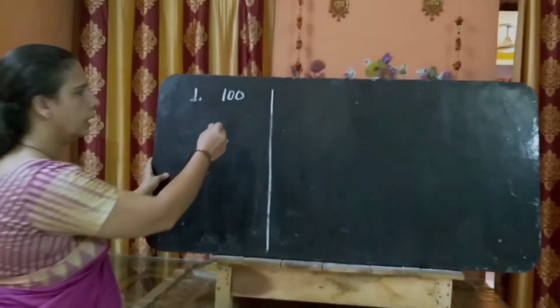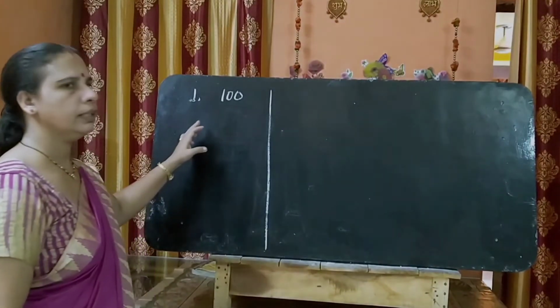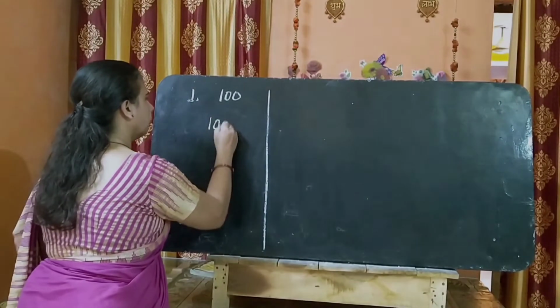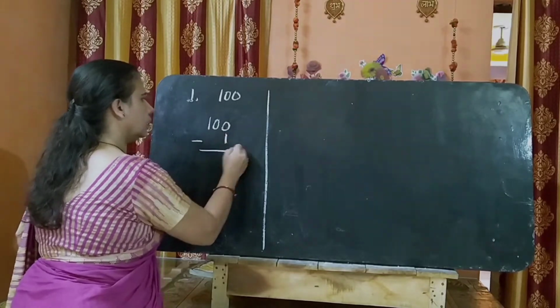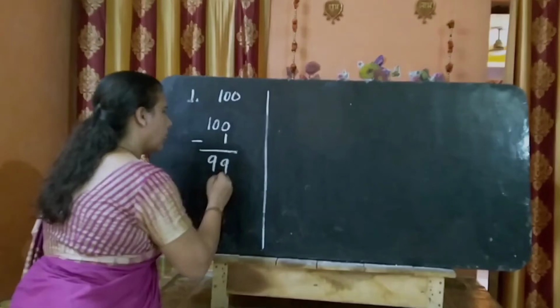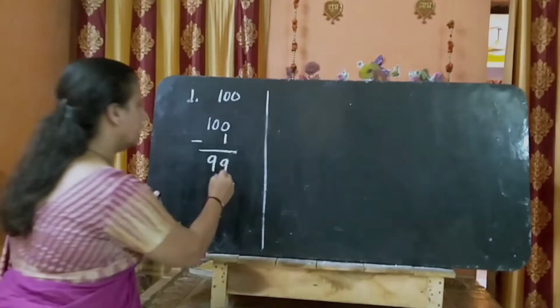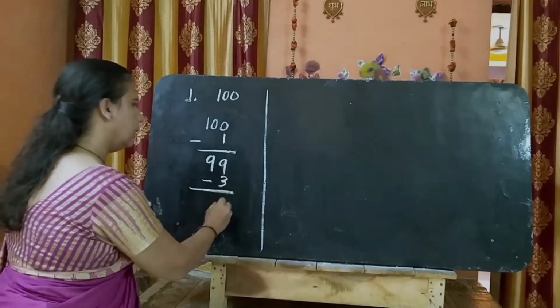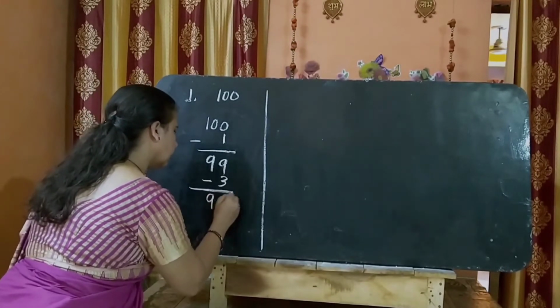First question is 100. Then subtract with the odd numbers. Here 100 minus 1. First odd number is 1. 99. Second odd number is 3. 99 minus 3, 96.